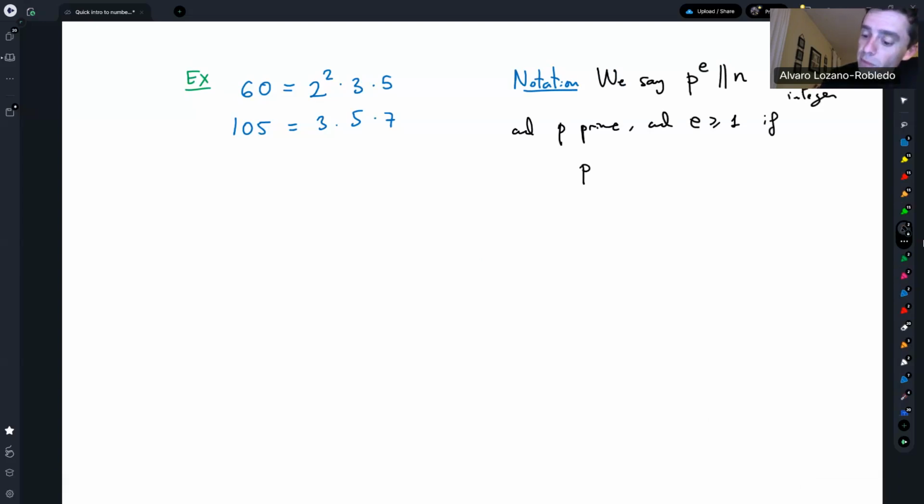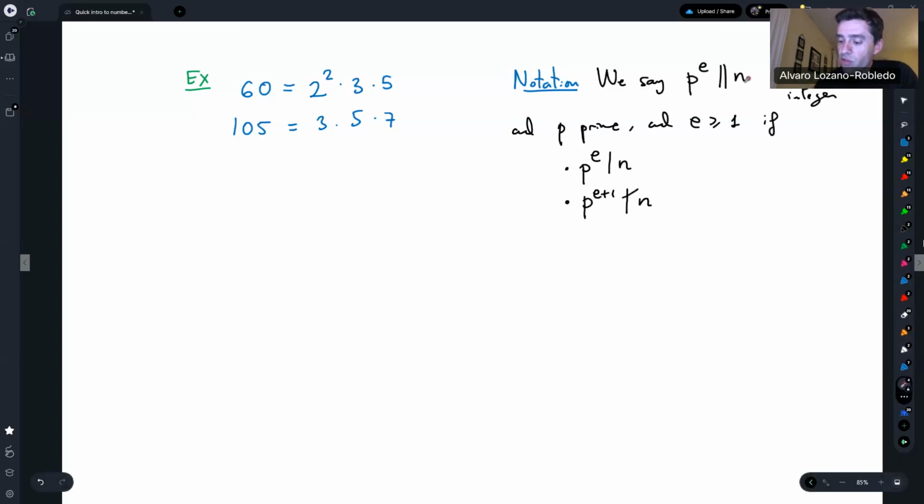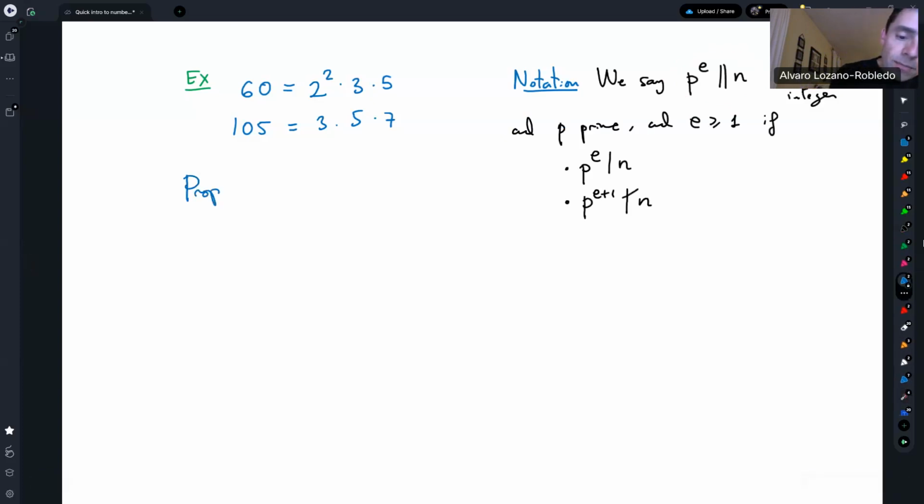If p to the e divides n, so p to the e is a divisor of n, and p to the e plus 1 is not a divisor of n. So this notation means that p to the e is the highest power of p that divides the number n. There is no higher power that does divide.